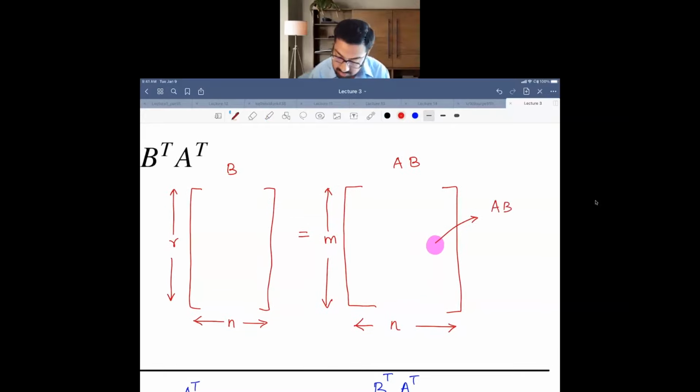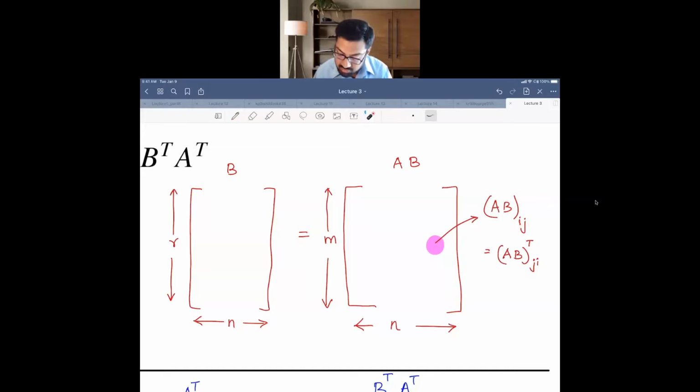Can I say that element ij is going to be the same as (AB) transpose ji? Because we have noted that earlier. If you do the transpose of a matrix, you switch the number of rows and columns, which also means that you switch the index of each element. So ij becomes ji. We have seen that with numbers 2 and 3 in the previous slide.